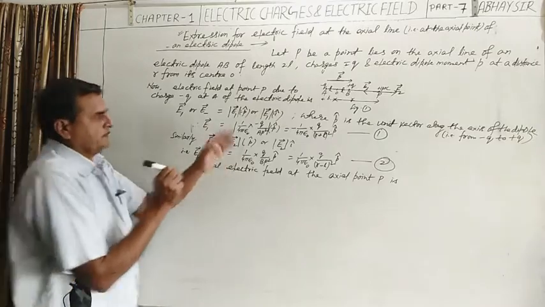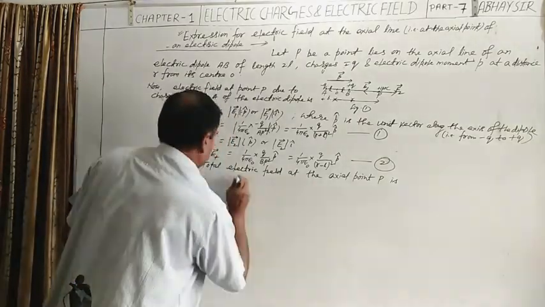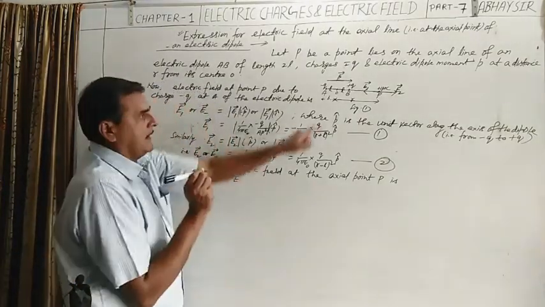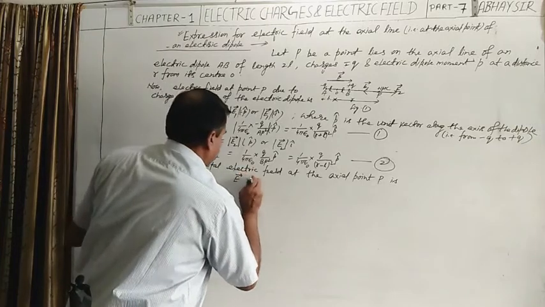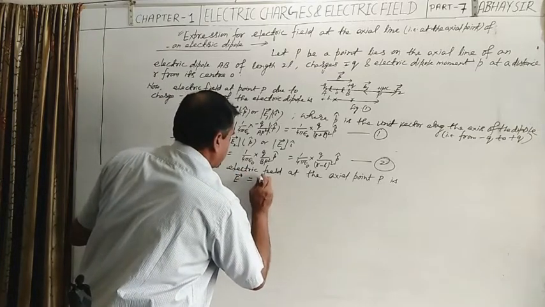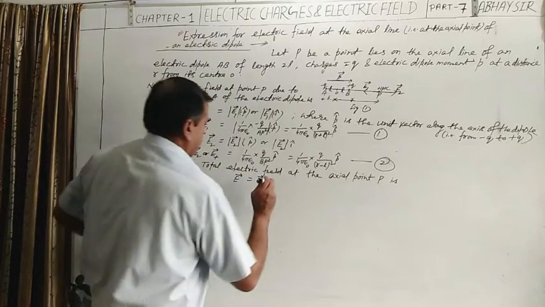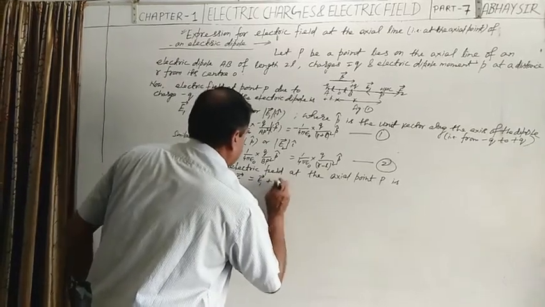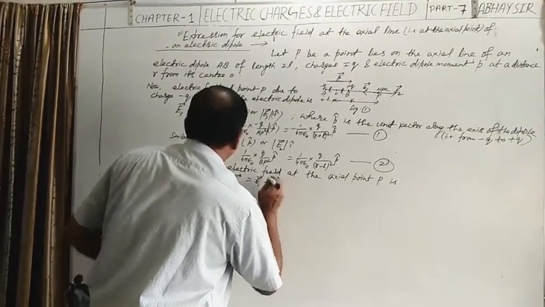The total electric field at point P, E vector, is equal to E1 vector or E minus, plus E2 vector or E plus.